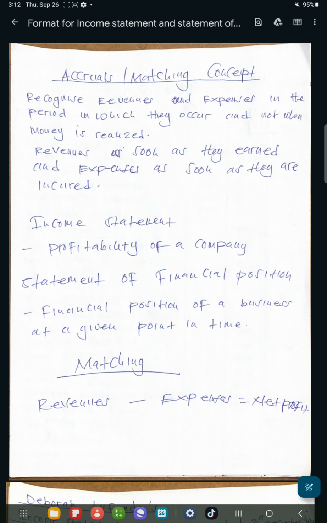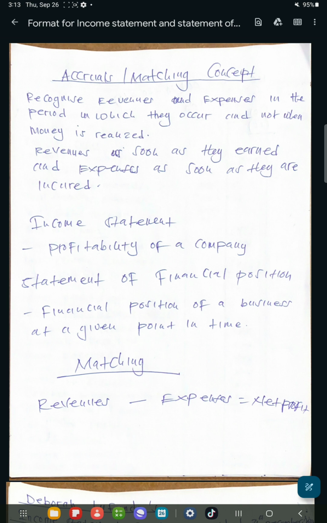We are supposed to record transactions, the revenues and expenses, as soon as they are incurred during the year, because we always prepare these accounts for the year end. The income statement is always prepared for the respective year you're given. You want to know your total revenue and your total expenses. Then from there, you find your profit.